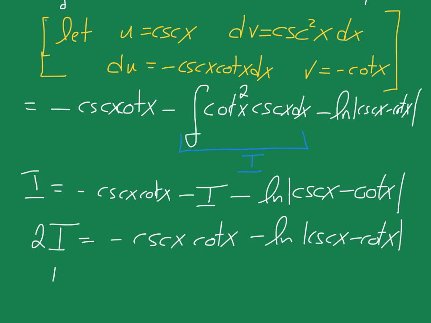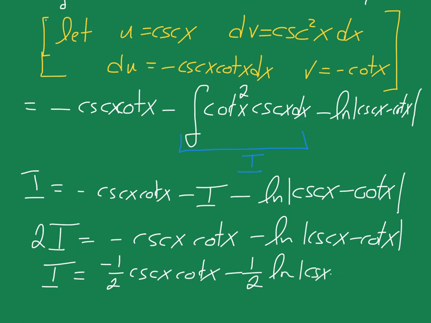Finally, that gives us that I is equal to minus 1/2 cosecant x cotan x minus 1/2 times the log of cosecant x minus cotan x, and we found all antiderivatives at this point, so let's just add a plus c, and at this point we are done.